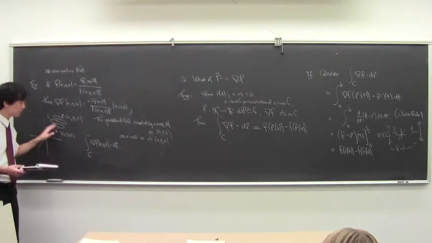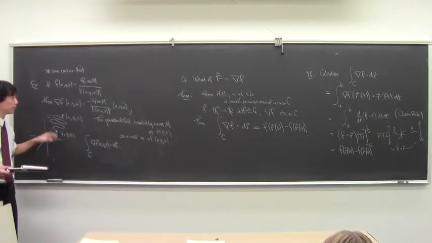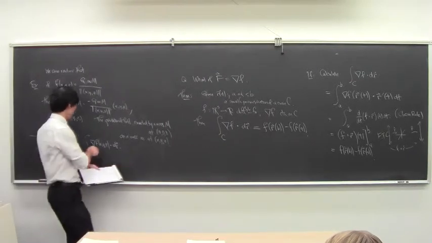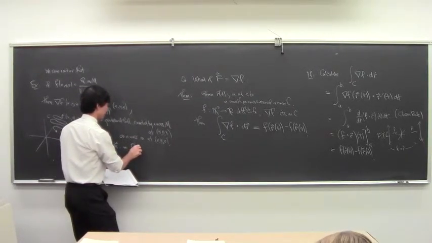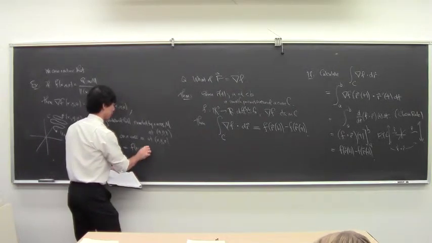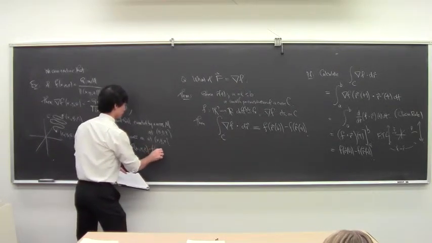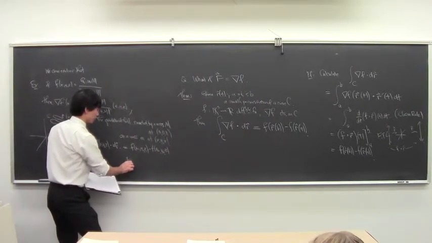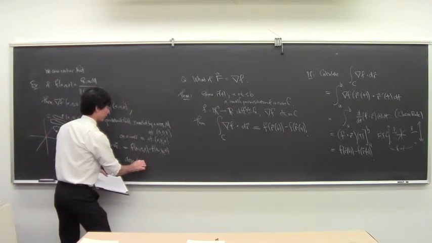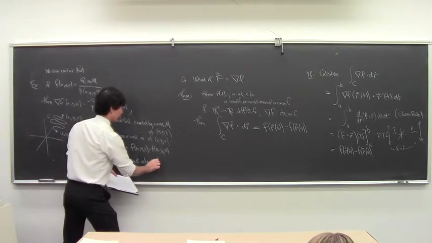So the integral equals f at x1, y1, z1 minus f at x naught, y naught, z naught. The integral depends only on the endpoints.